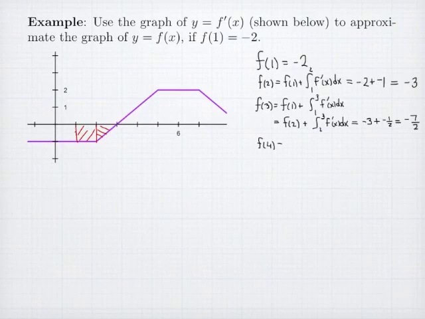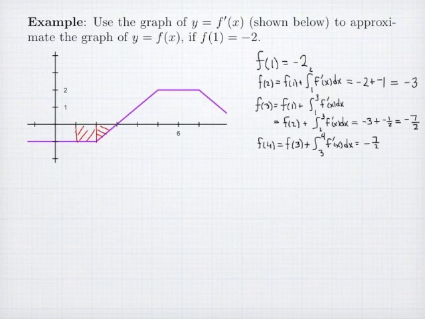F of 4, I could start from any point now, but it's easiest to think, okay, we've already made it to 3. Let's now go from 3 to 4 of our rate. So I get negative 7 halves.